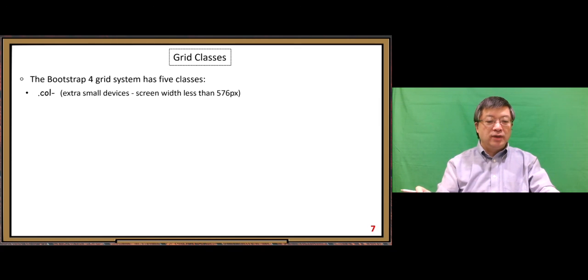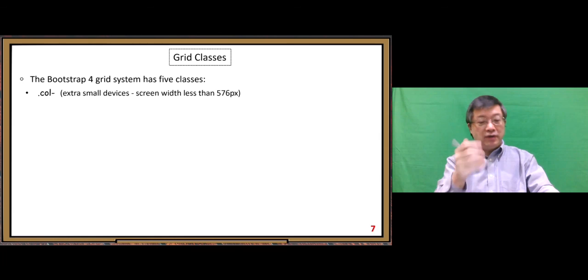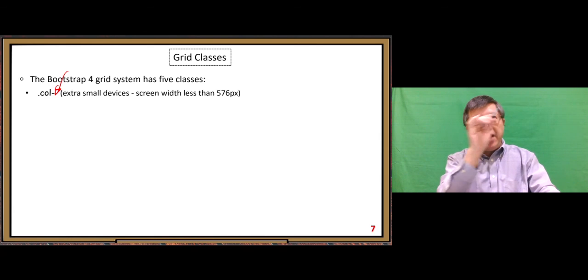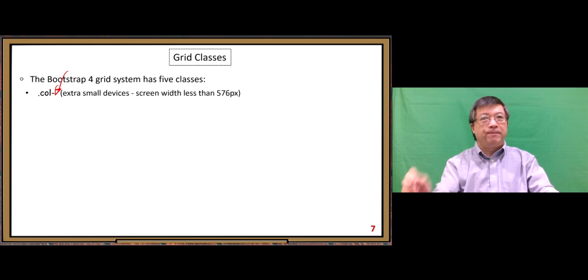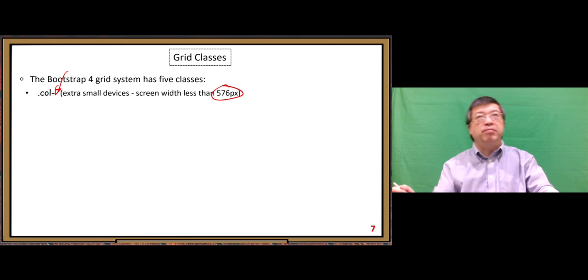The first one, .col-, so after the dash, you need to put the span number. Span 2, span 4, a span number. This col- is for extra small devices. This one is used to set a screen with less than this many pixels.